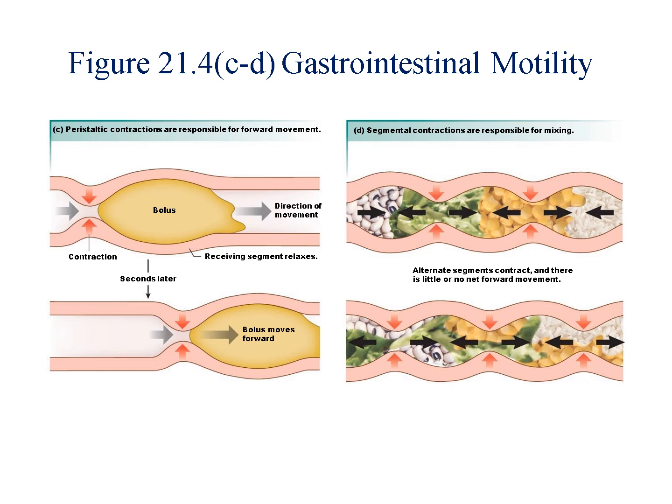In the first image, we see peristalsis, a wave-like motion that propels food, or the bolus, through the digestive tract. This process occurs as smooth muscle contractions push the bolus forward while the segment ahead relaxes, allowing for continuous movement.